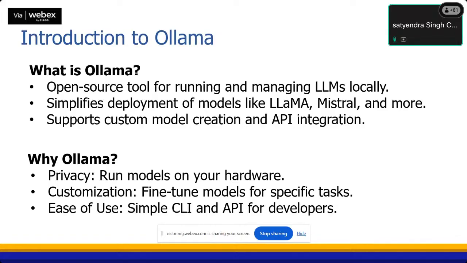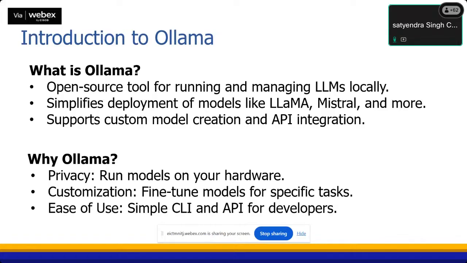It is an open source tool, unlike the other tools that we have seen, where you go to subscription based models and use those LLMs for your daily tasks as copilots, which are basically cloud services like ChatGPT, Grok, or any other model.